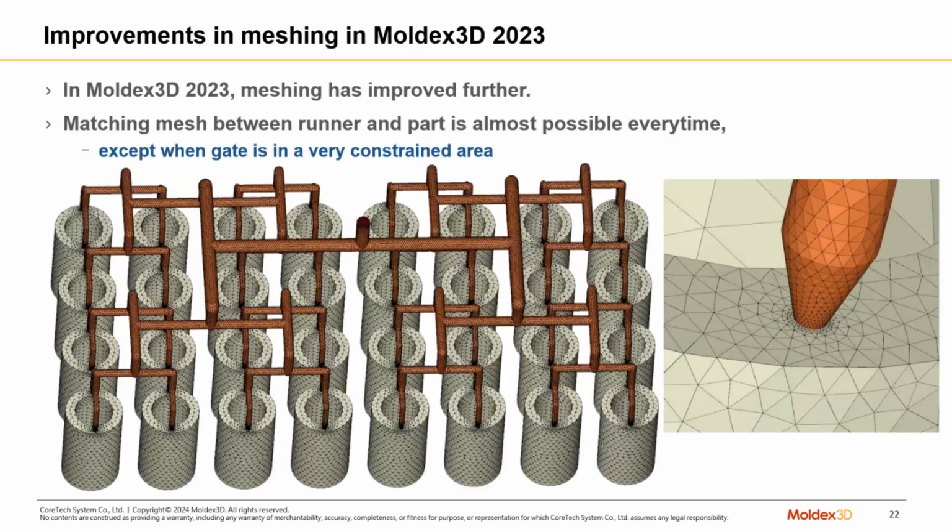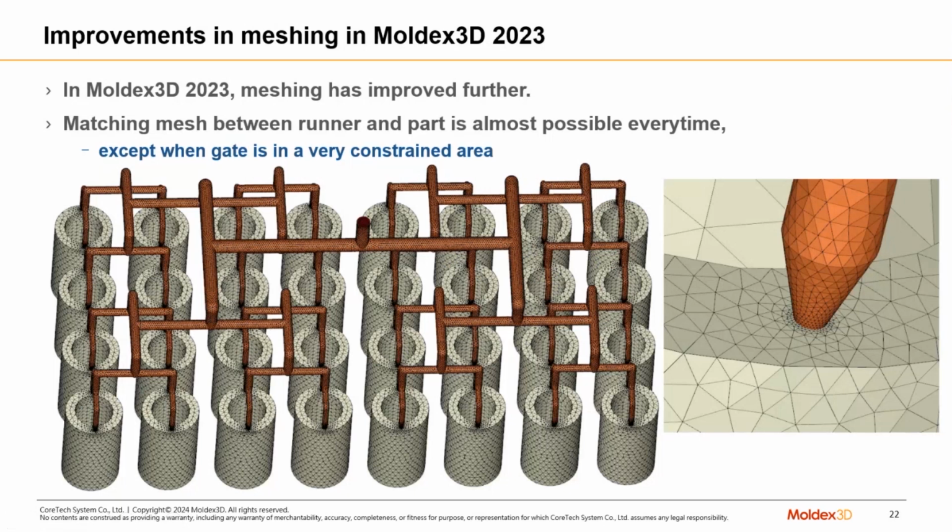So what are the improvements that have been made in 2023? In the 2023 version of Moldex3D, meshing has improved further. So a matching mesh between runner and part is almost always possible. That was an issue in 2022, but now it's completely fixed. Now there is a matching mesh between the runner and the part, and you can see it right here. So it's very consistent.